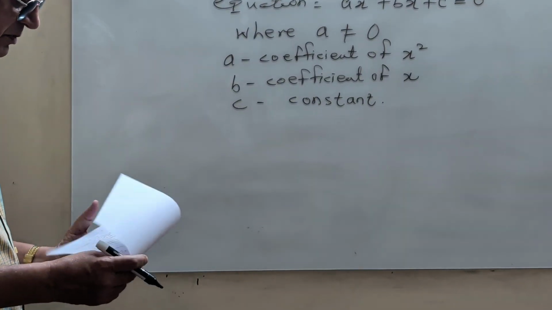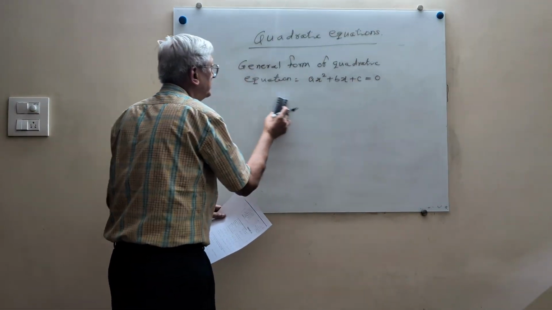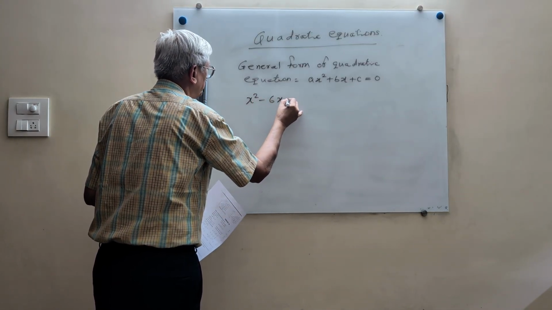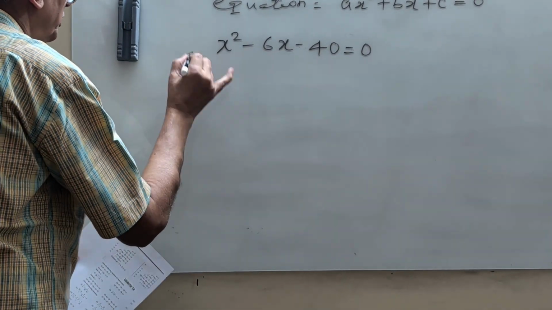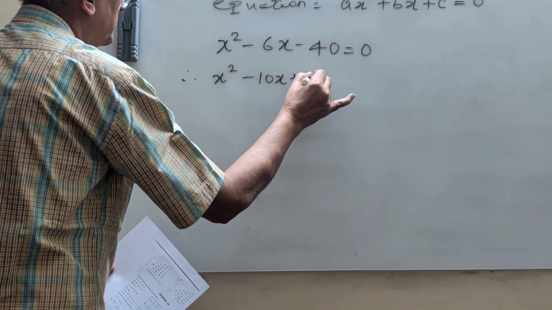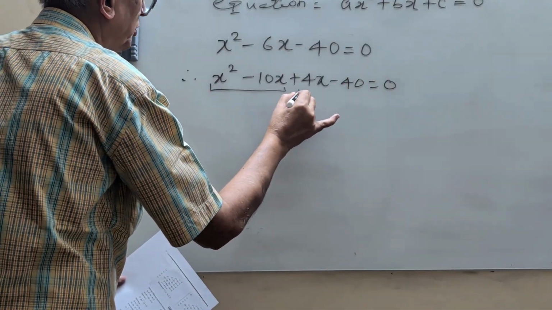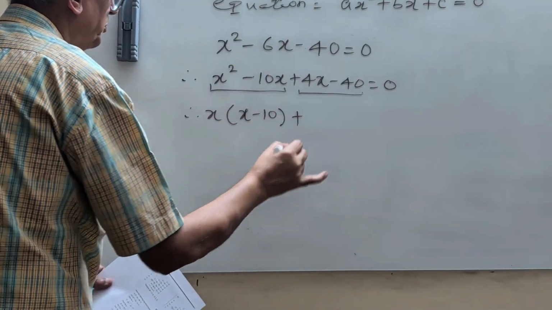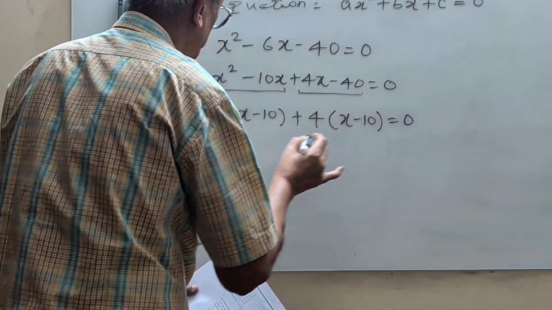Now let us take the first sum. Suppose it is given this way: x squared minus 6x minus 40 is equal to 0. Therefore, x squared minus 10x plus 4x minus 40 is equal to 0. Therefore, x(x minus 10) plus 4(x minus 10) is equal to 0.